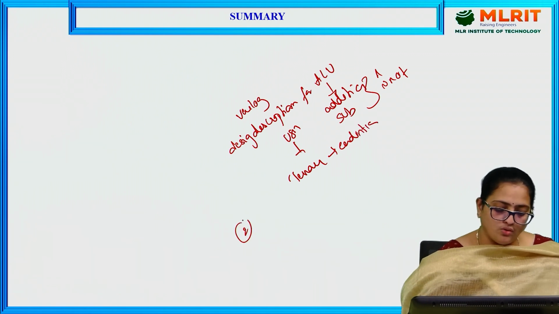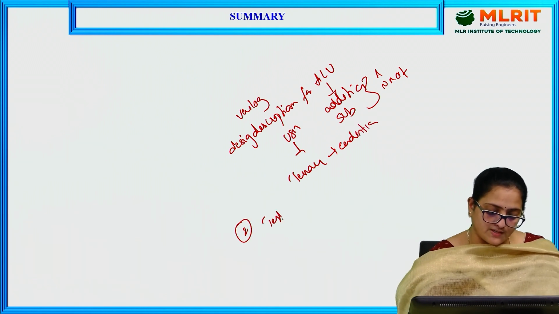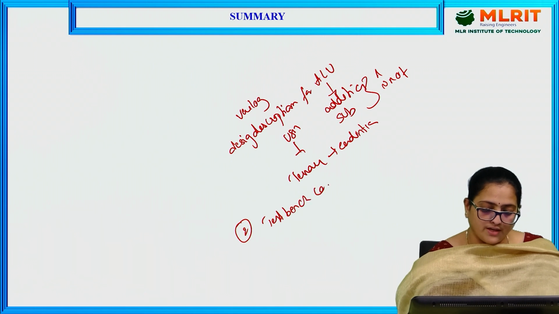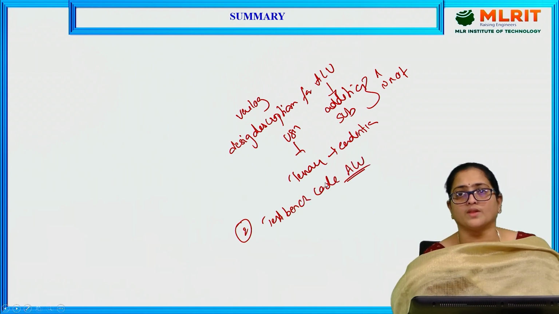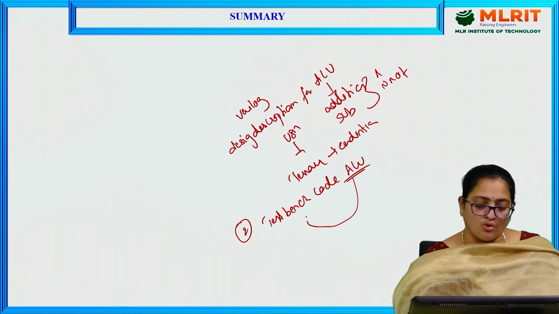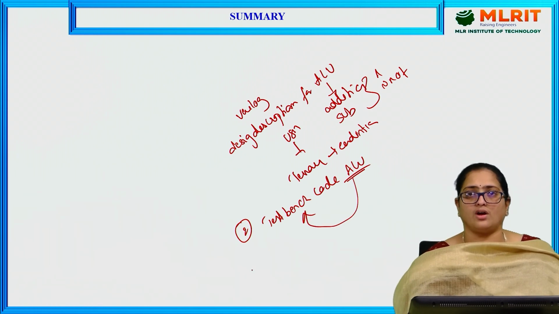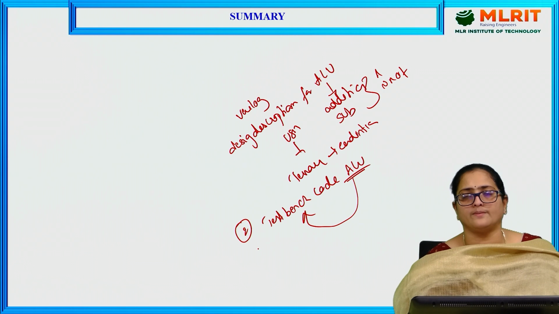And we have also written the test bench code for the design description. The same design description is called in the test bench code, and we check the output of the test bench code. Thank you.